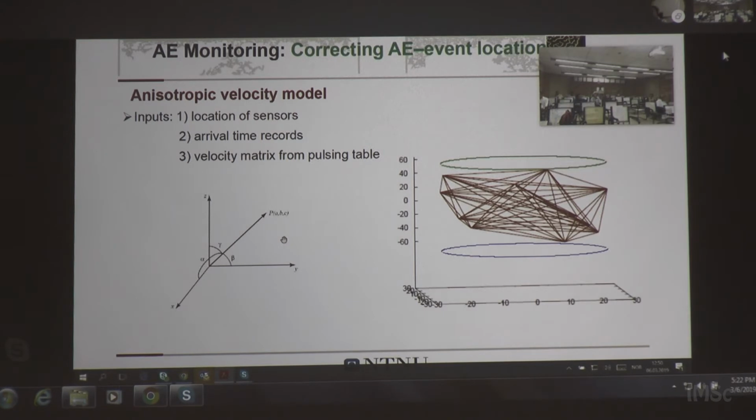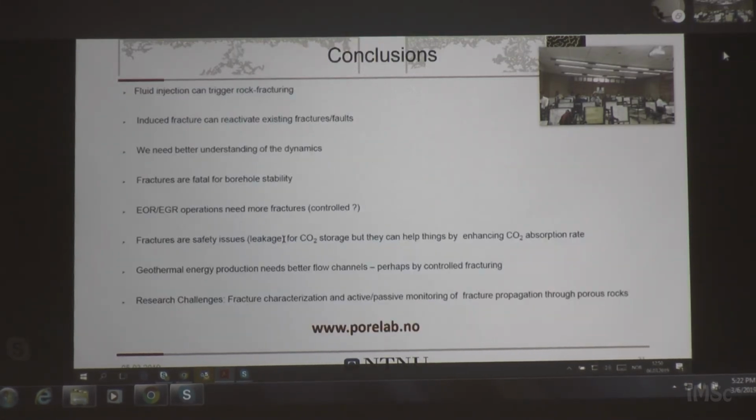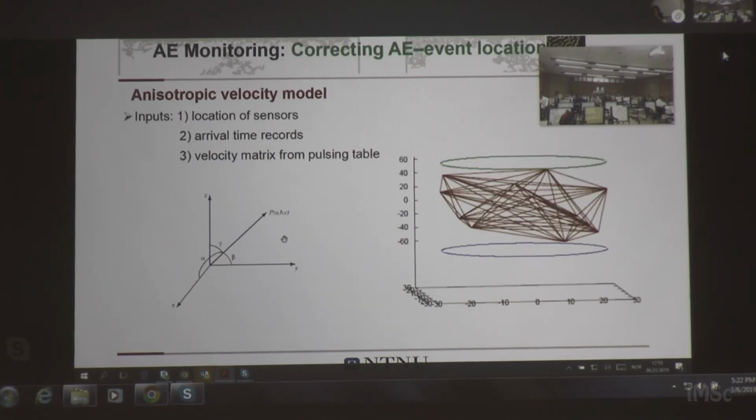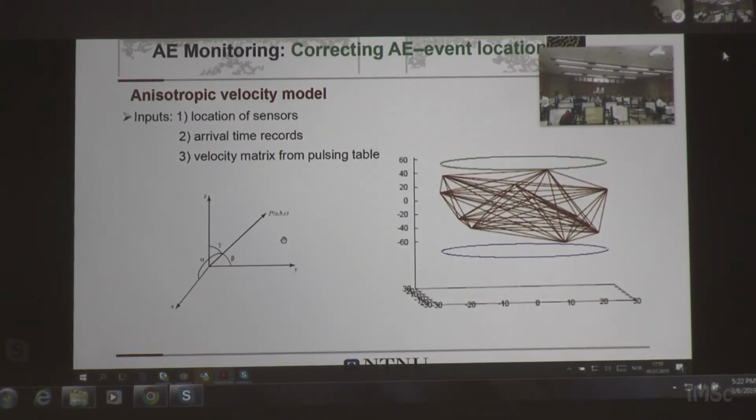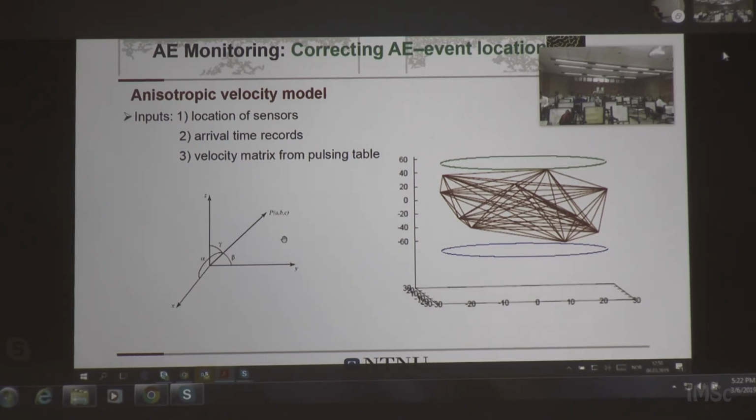Next time, when you do your real experiments and observe all these time differences, you can use this velocity matrix to optimize the location of your acoustic emission source. We used this model and saw more than 10 times better results. In terms of the XYZ coordinates, we are getting much more accurate results than the isotropic velocity model.